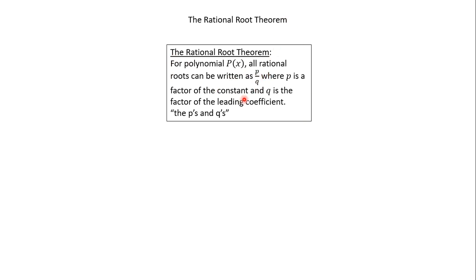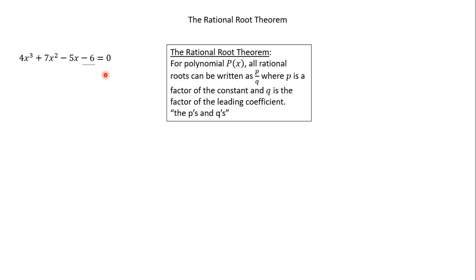So, let's look back at our polynomial. We have 4x cubed plus 7x squared minus 5x minus 6 equals 0. What the rational root theorem is saying is that all of the possible rational roots can be written as a factor of -6 divided by a factor of 4. So let's list out the factors of -6.